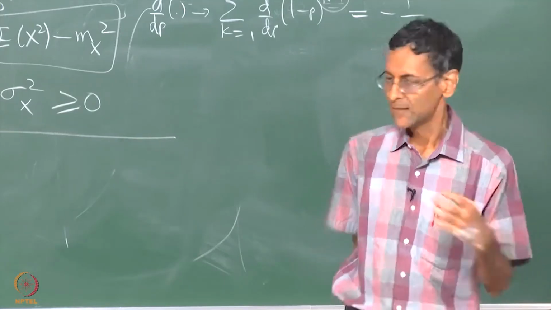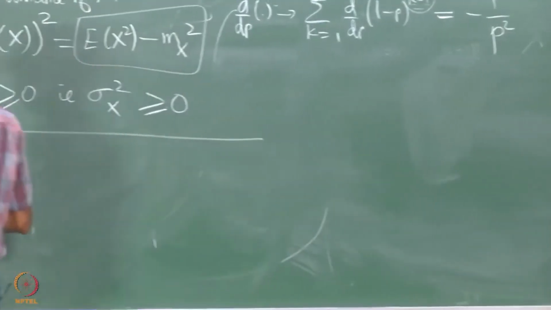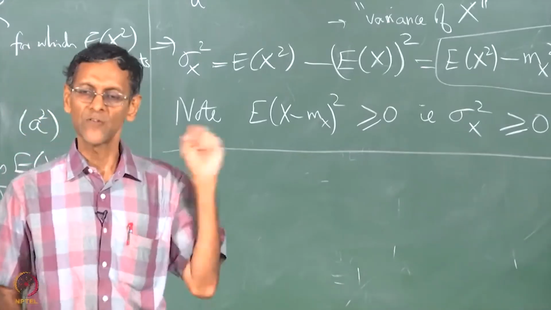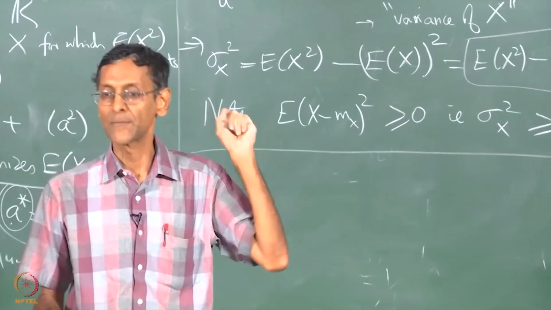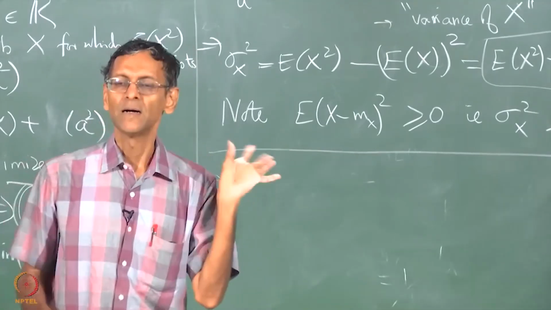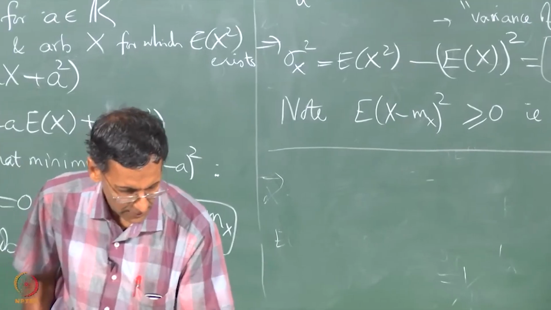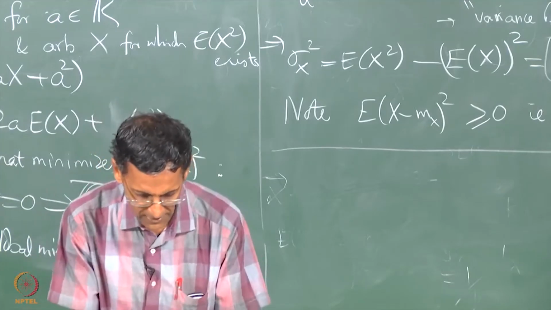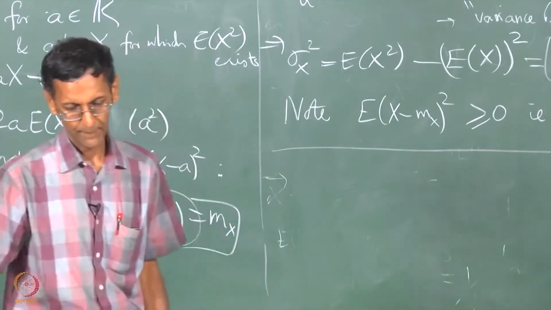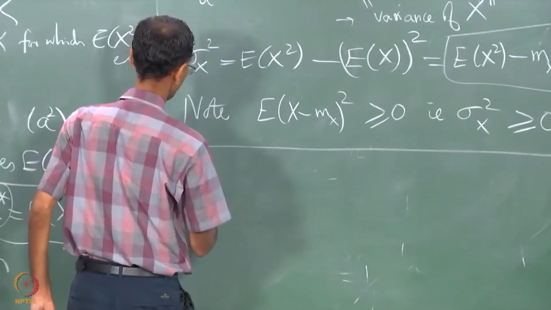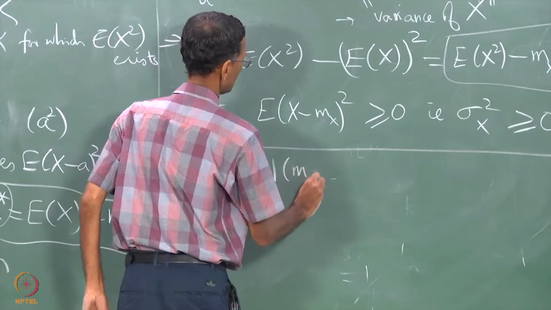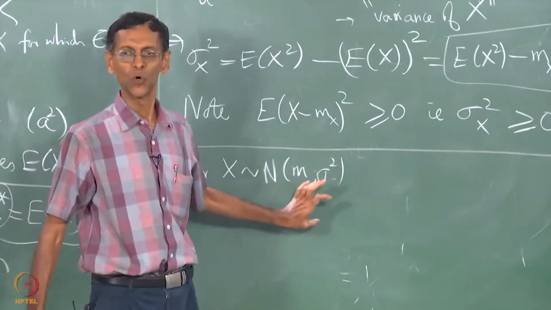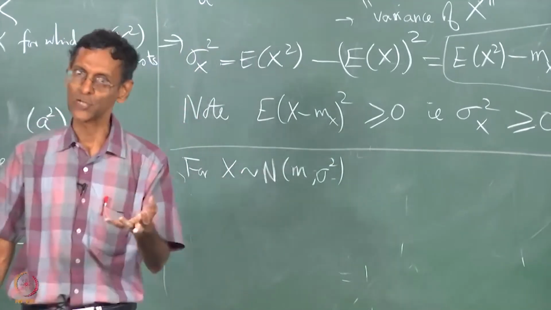So I claim that for the Gaussian case it is enough to look at N(0, sigma squared), because it turns out, and we will justify this in a little bit, but let me just do N(0, sigma squared) first, and then later I can justify what I just said. Note that I am just writing sigma squared here, I am not putting sigma x squared. As of now I have no proof that this is in fact the variance, but that is what it is going to come out to be.